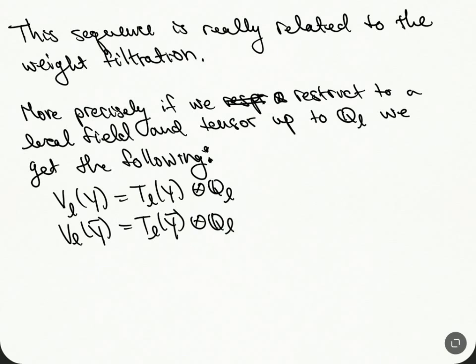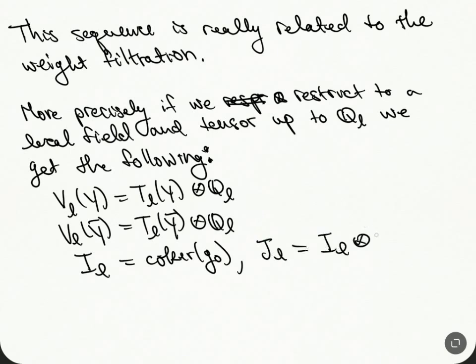And then we're going to take IL to be the image, or let's say the co-kernel, of G0. So this is really the thing generated by inertia. And then JL will be IL tensored up to QL. Alright, so we have these.